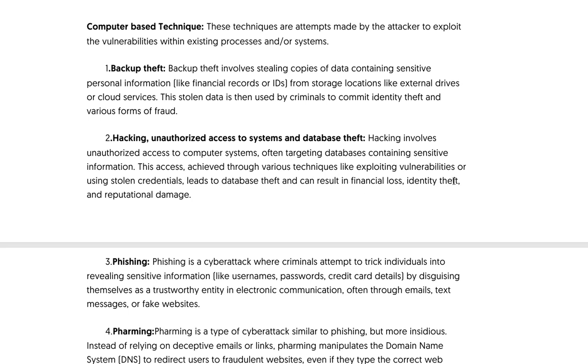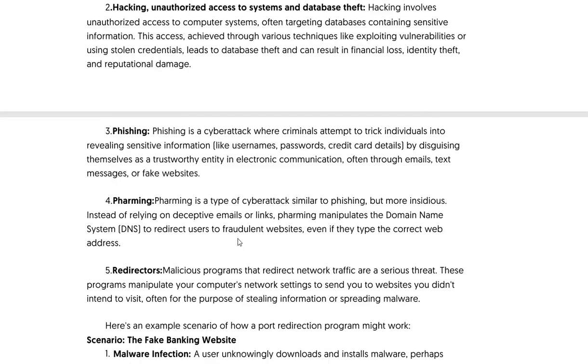By exploiting vulnerabilities, they can embed viruses, worms or Trojan horses. Once they get control, they can take the data, the username and password, and the information about your bank. So this is about hacking and unauthorized access to the system and database theft.